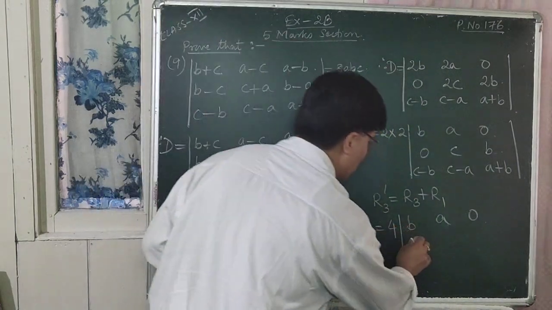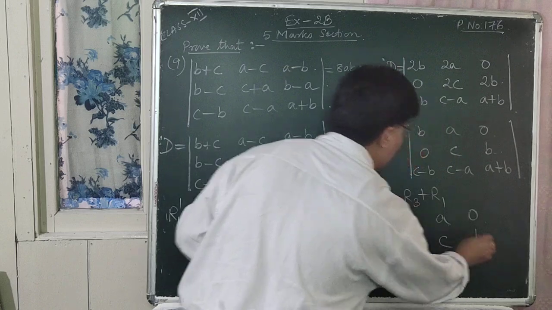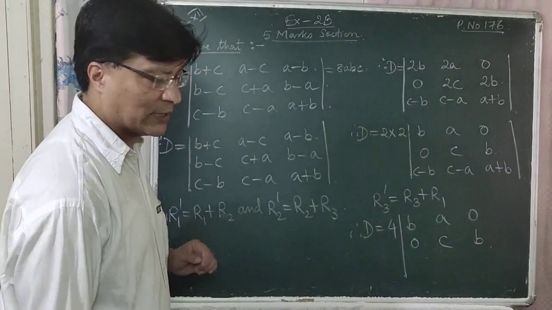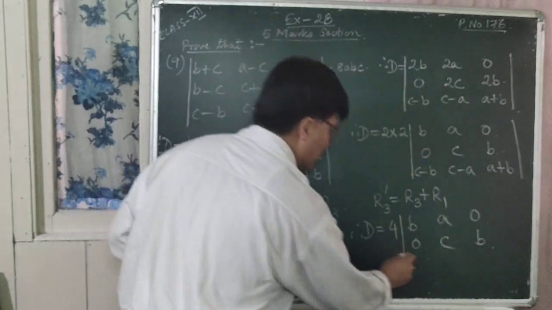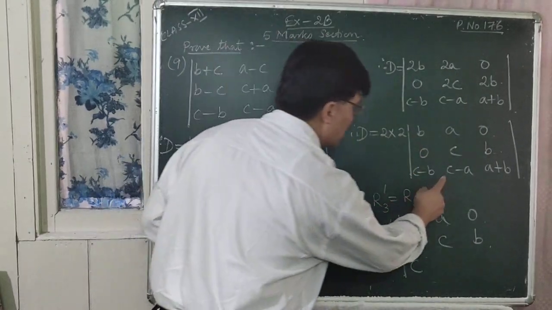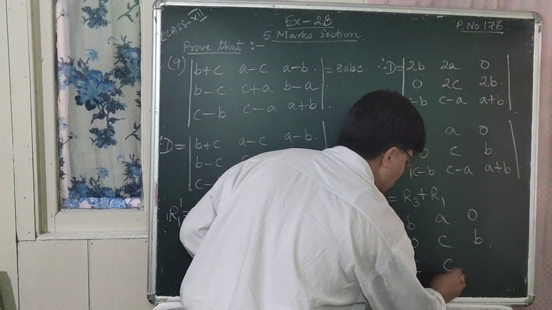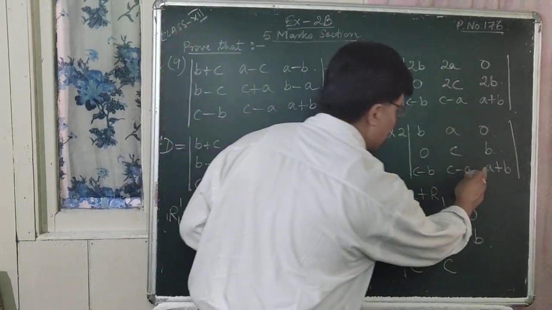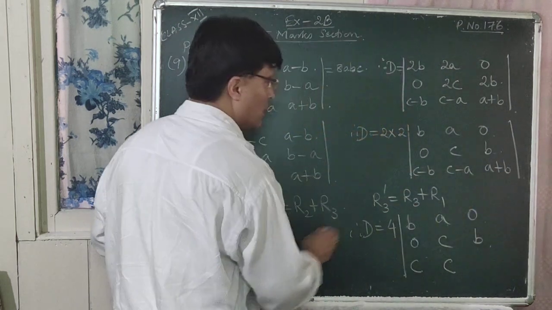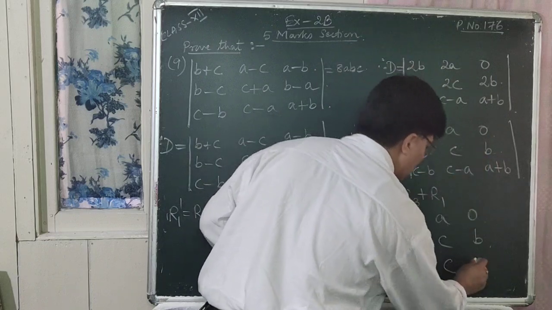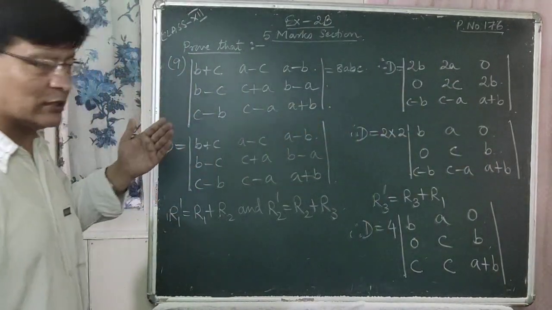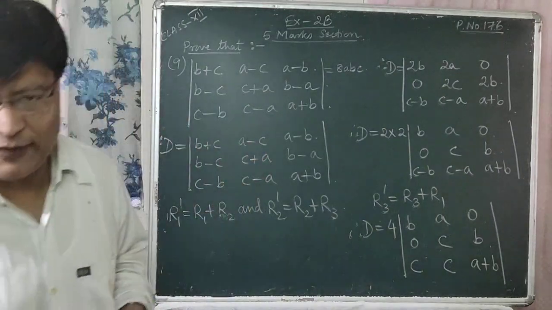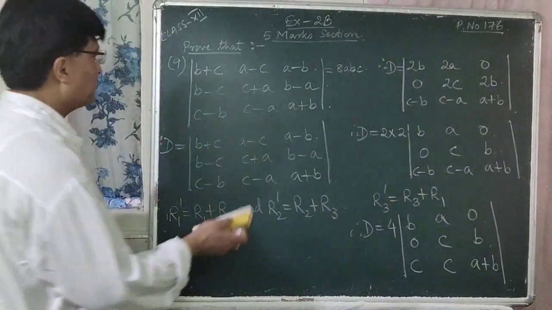What is the second row? 0, c, b. Now the third row is changing. How does it change? c minus b plus b, that is only c. c minus a plus a, that is only c, right? And a plus b, that is a plus b plus 0, is a plus b. So this is the new determinant now. This is the simplified determinant, right?